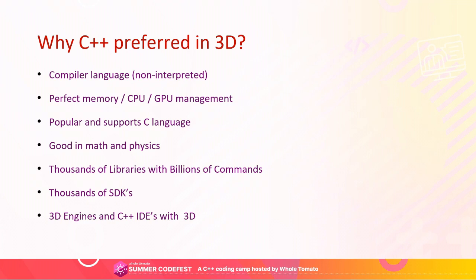There are also many SDKs that have C++ libraries, examples, and many other things. And 3D engines and other C++ IDEs with 3D support C++, so it is very powerful for designing, calculation, analysis, and graphics.